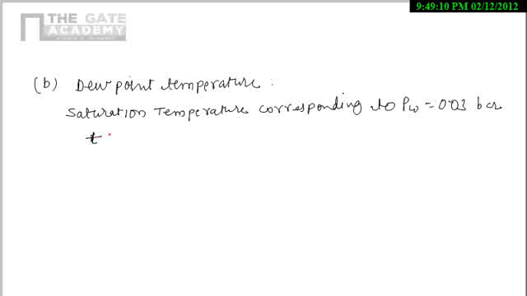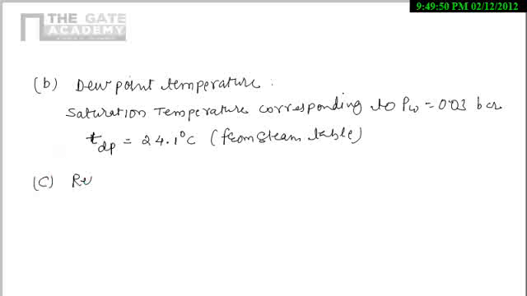That temperature will be the dew point temperature, and from the steam table it comes to 24.1 degrees centigrade. So we know the saturation temperature corresponding to the partial pressure of water vapor is the dew point temperature. That's why I am writing Tdp equals 24.1 degrees centigrade from the steam table.